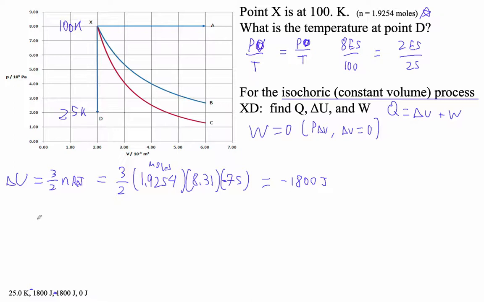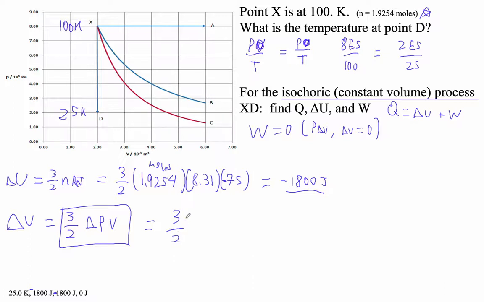Okay, now let me show you the other way to do it. And write this down. This is what you do, right? The change in internal energy is just 3/2 times the change in pressure times the volume. Much easier than figuring out what the moles are and all of that. Notice it comes out to some round number, so it's got to be something simple, right? So it's 3/2.